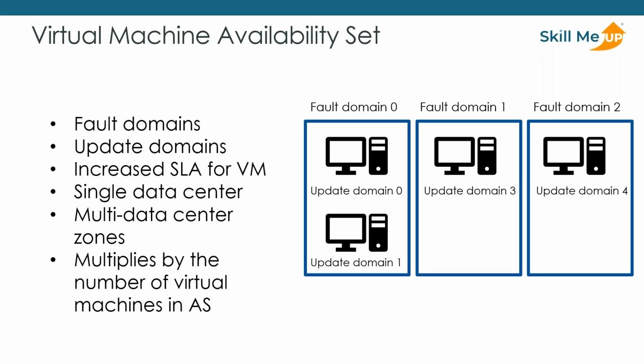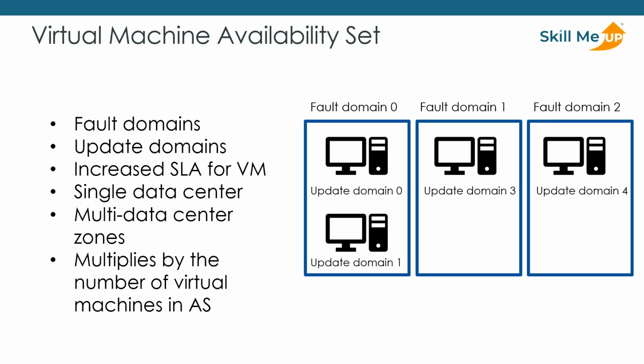But there are times when there are unscheduled updates, or there may be a piece of hardware or equipment that goes down on a rack within the Azure data center, and that's where availability sets come into play. There are two different areas that you configure your availability sets, and those are fault domains and update domains. And fault domains are exactly that.